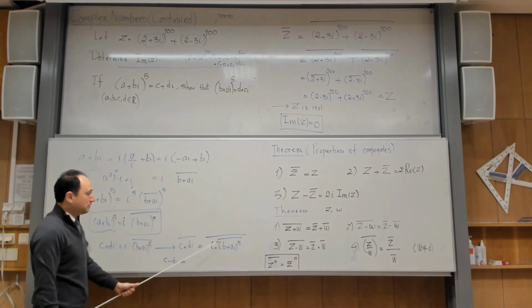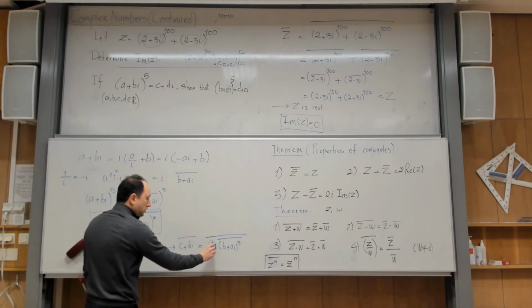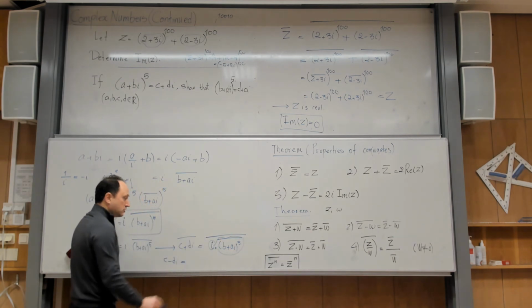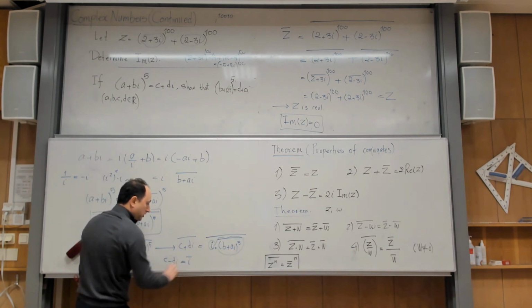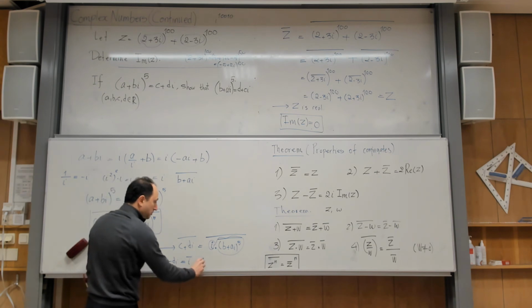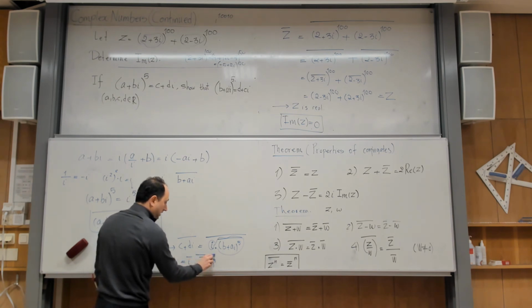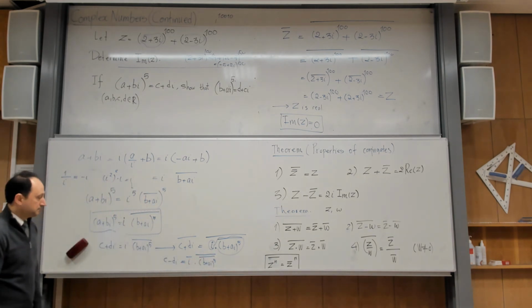This bar, can you help me to write it simpler? This is a product of two numbers, and I am taking the bar of the product. So it becomes the first one bar multiplied by the second one bar. But what is the second bar? The second bar is this one, and I bar it again. Okay?